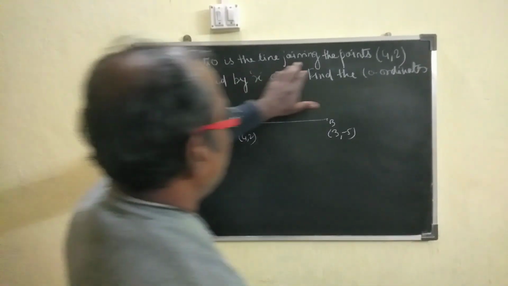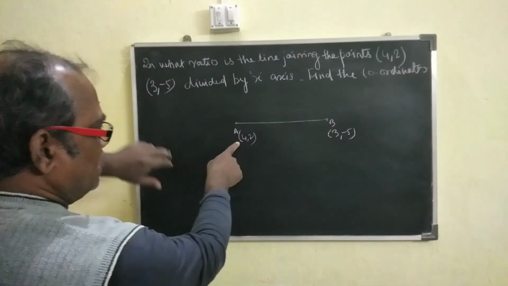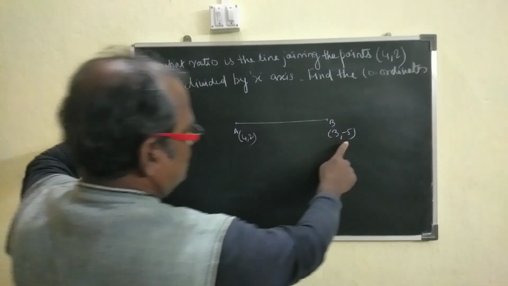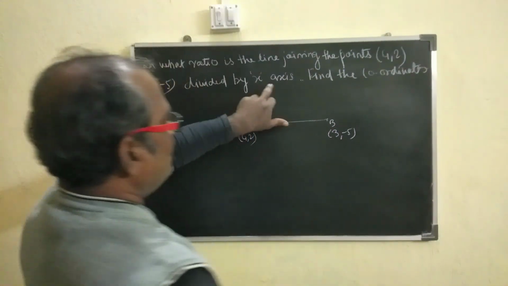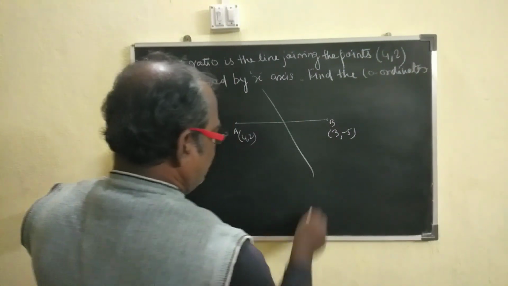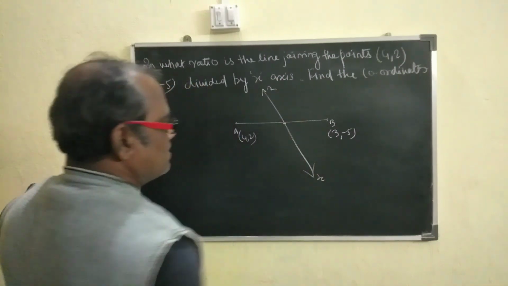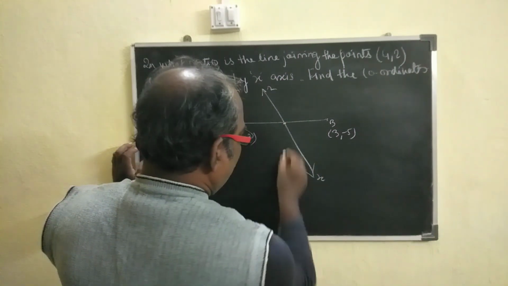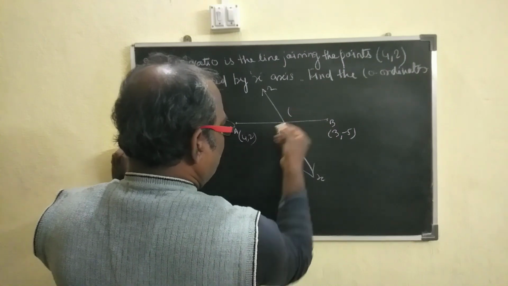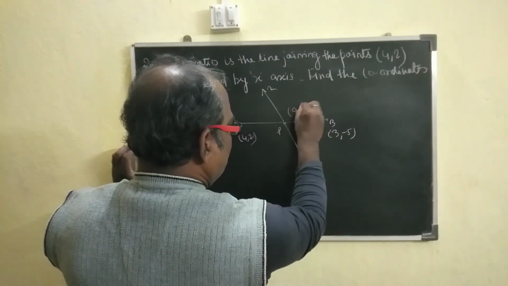In what ratio is the line joining the points 4, 2 and 3, minus 5 divided by the x-axis? We are writing A as 4, 2 and B as 3, minus 5. Let it be x-axis. Then on x-axis the y is 0. So we can write here, let it be point A, 0.